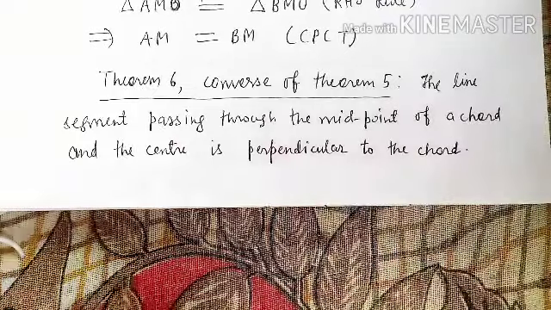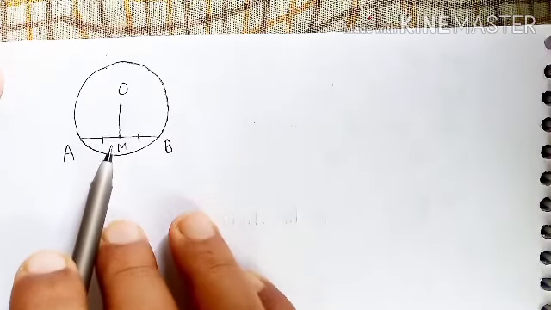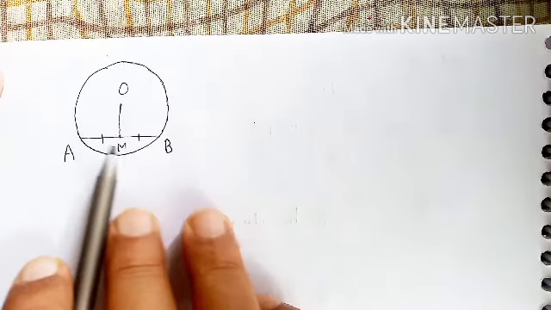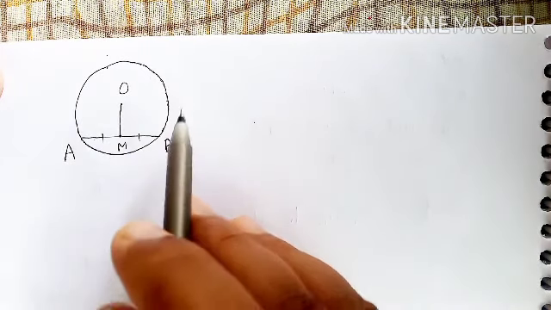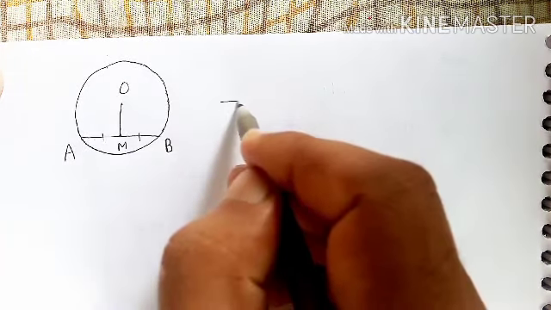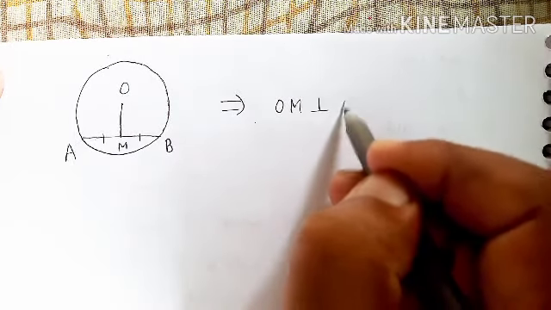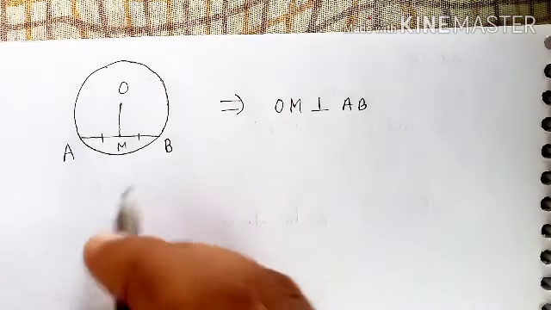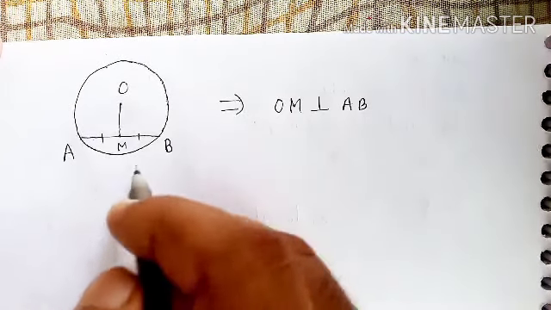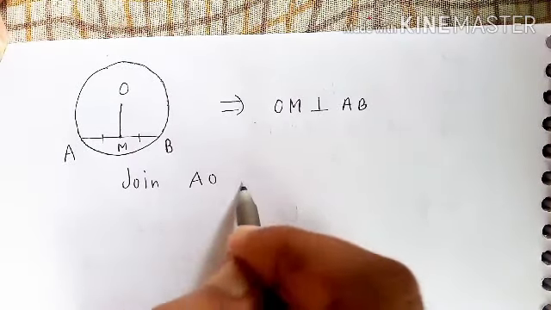Let us prove it. In the circle with center O, OM is the line segment passing through the midpoint of chord AB and the center of the circle. This implies that OM is perpendicular to AB. So we have to prove angle AMO is equal to 90 degrees. For that we have to join AO and BO.